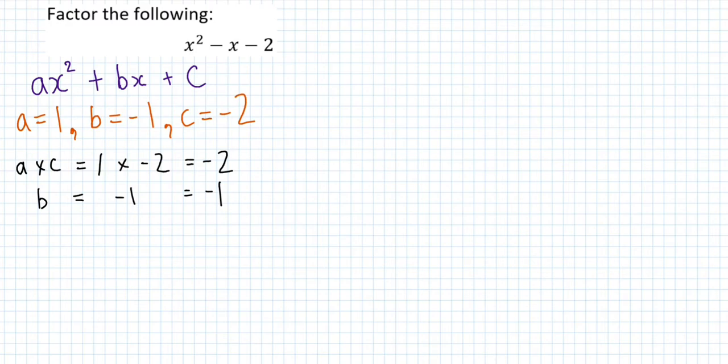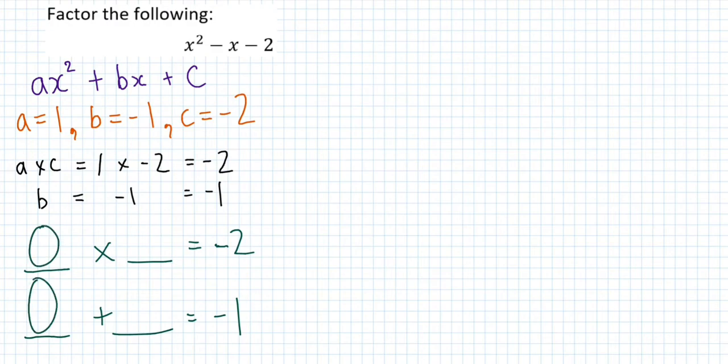Okay? Now, we need to take two values that when multiplied together give us AC, which is -2, and when added together give us B, which is -1.